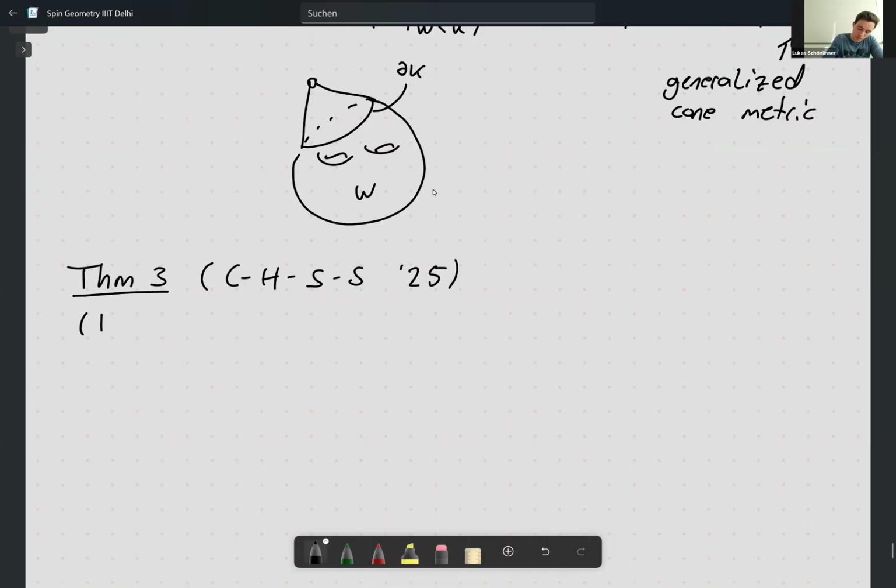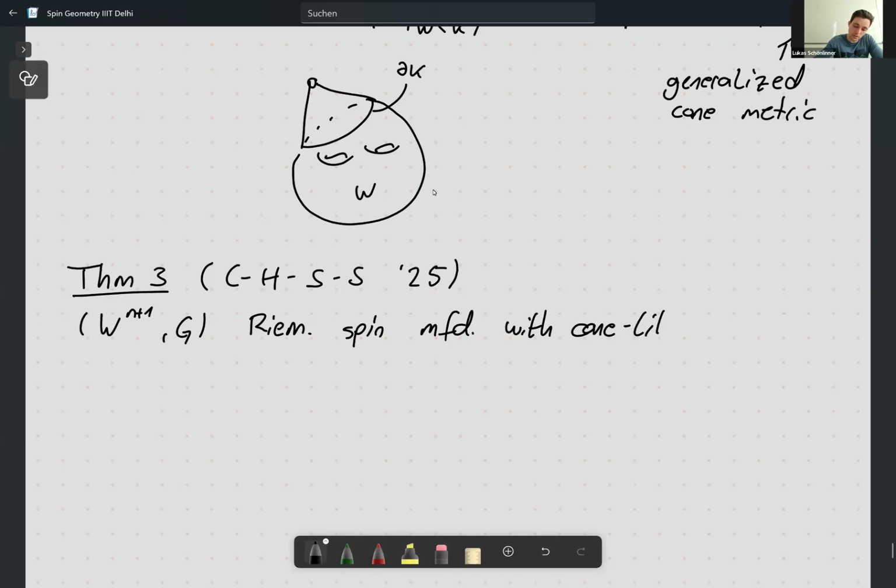And we assume that we have a Riemannian spin manifold with convex cone-like singularities in dimension n+1, and n should be at least 3 odd.